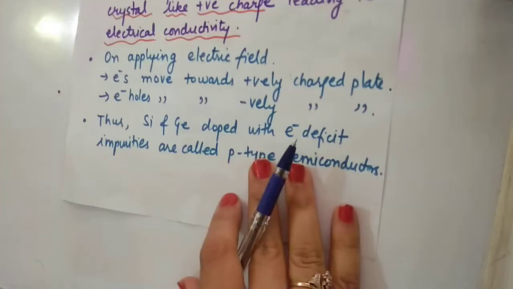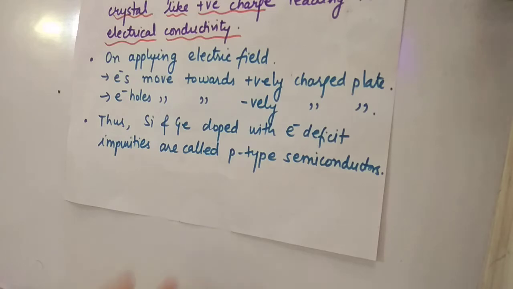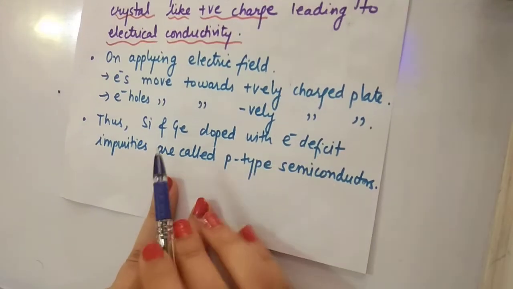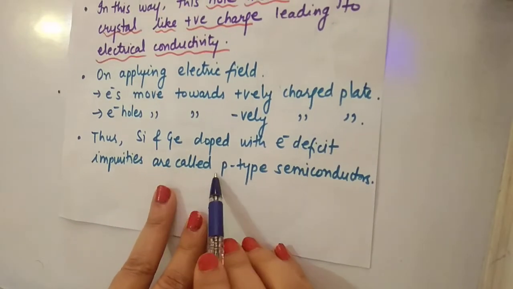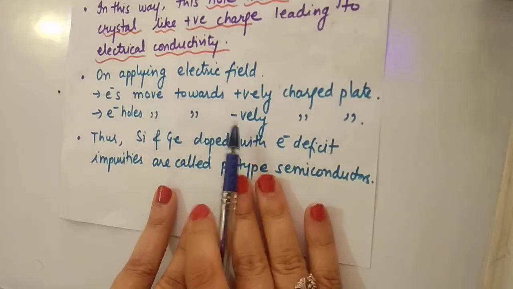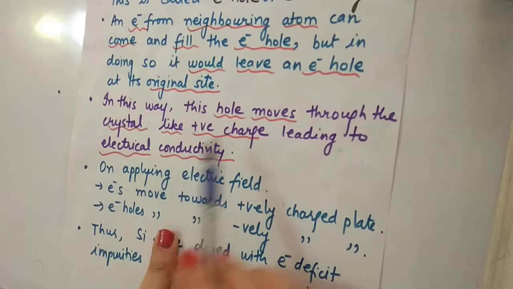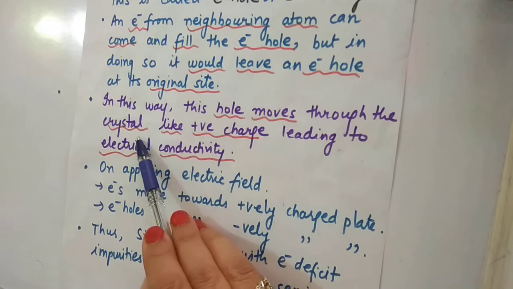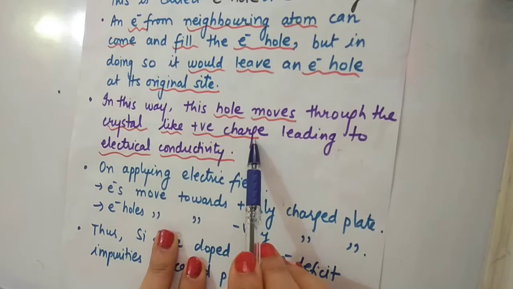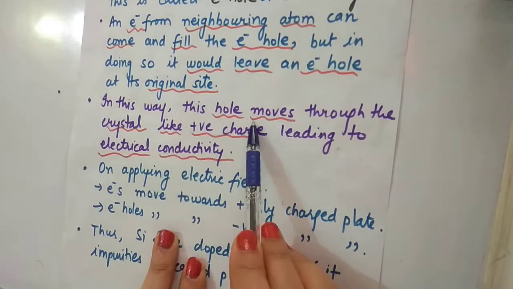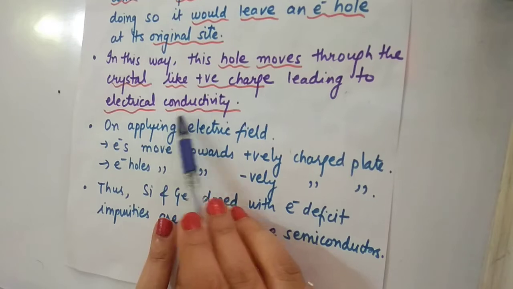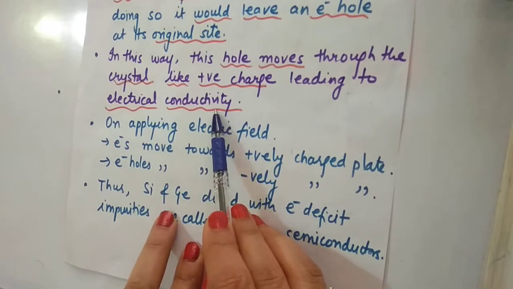So silicon or germanium doped with electron deficit impurities are called p-type semiconductors. In this type of semiconductor, the hole moves through the crystal like a positive charge, so it is due to the movement of the positive charge that you see electrical conductivity in them.